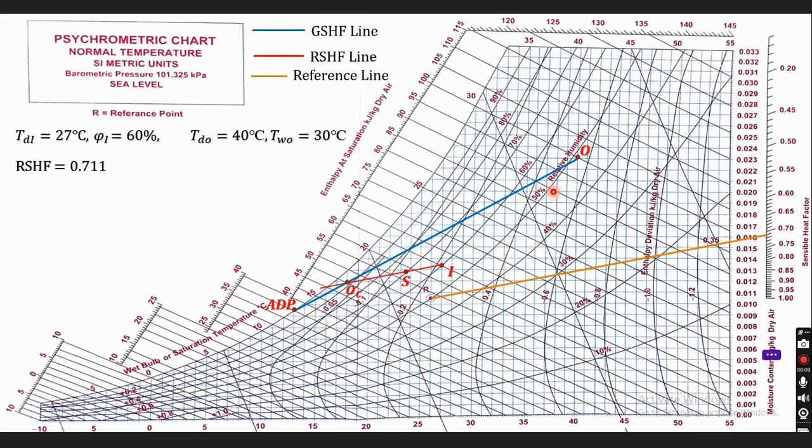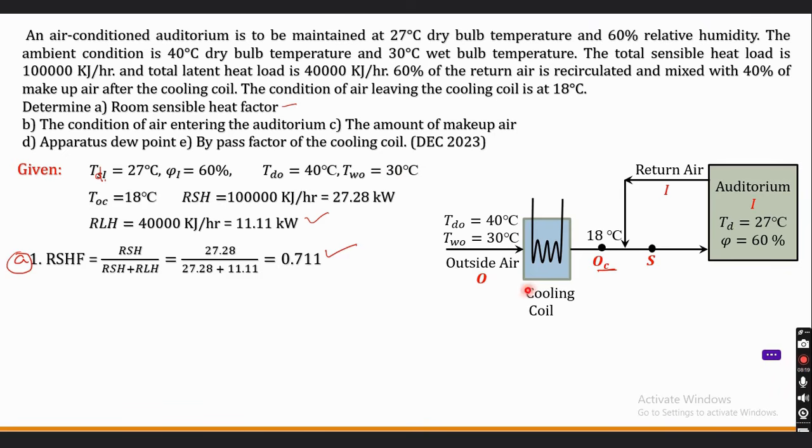Next, we draw a line from O to OC, because on the cooling coil we have outside air, and after the cooling coil we get the OC point. So the air which passes over the cooling coil goes into the auditorium.